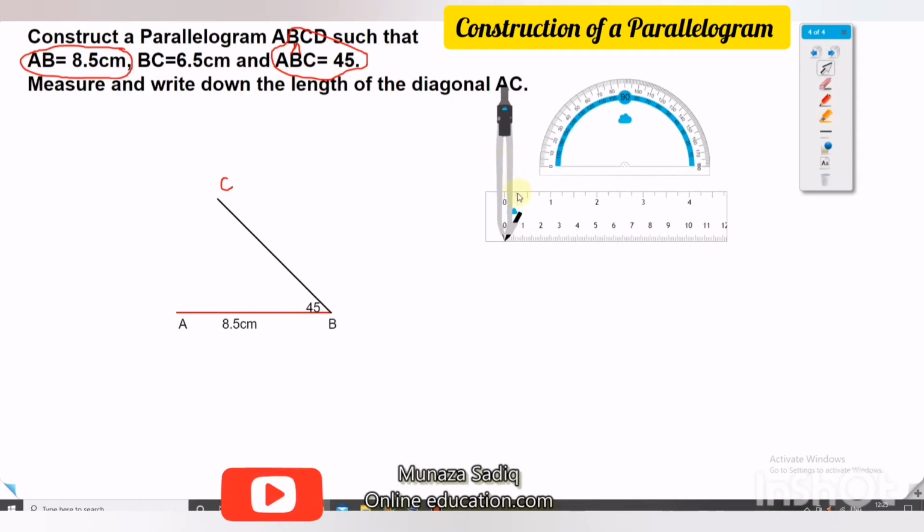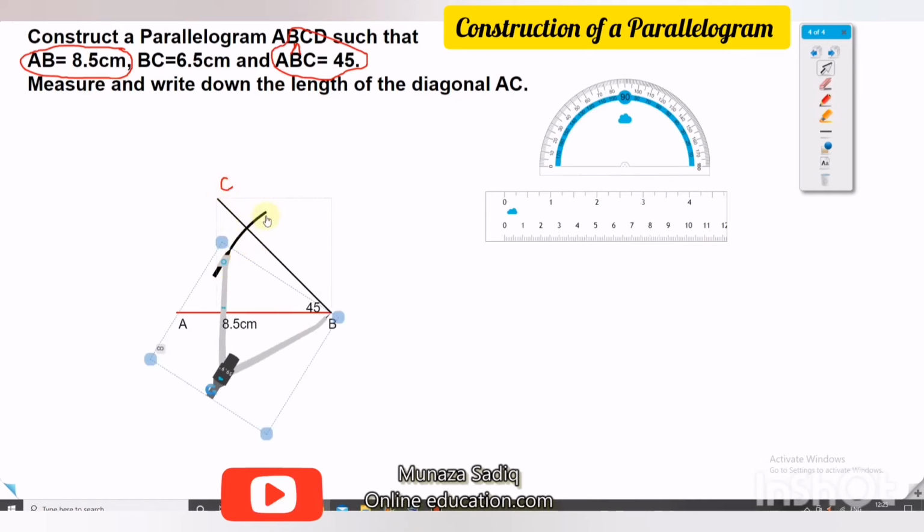Adjust the arms of the compass. Open 6.5 centimeters. This measurement is BC. Place your compass on point B. Adjust, draw an arc.